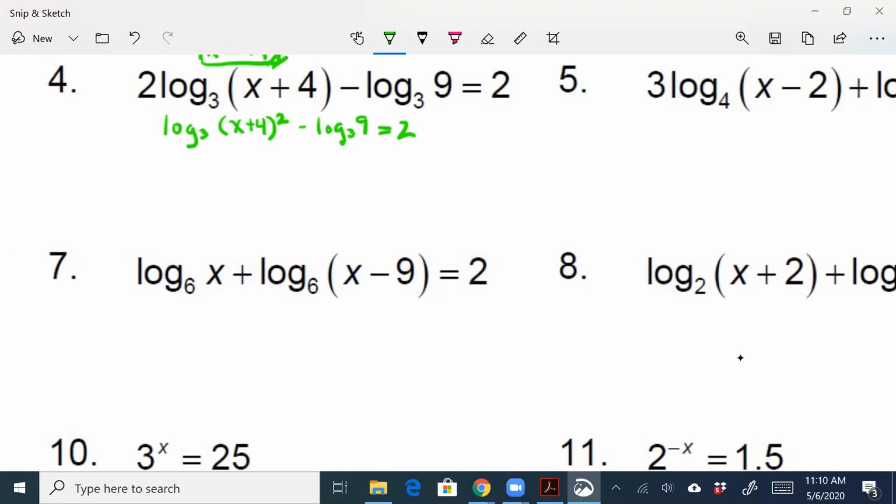And we can go a step further. When you have 2 logarithms with the same base and they're being subtracted, we can rewrite that as log base 3 of x plus 4 quantity squared divided by 9 equals 2.